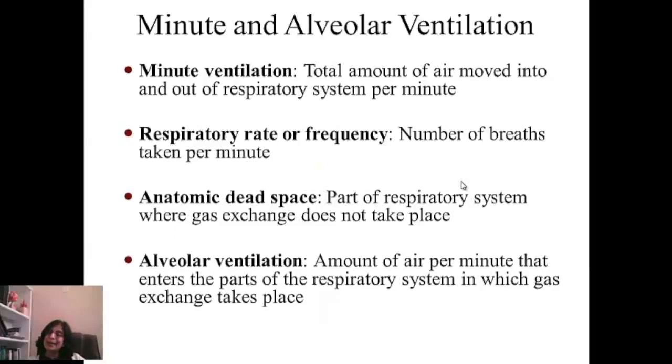With the information regarding ventilation, let's look at some important definitions and some numbers or volumes and capacities lungs have. Minute ventilation, that is, how much air is exchanged in 1 minute.